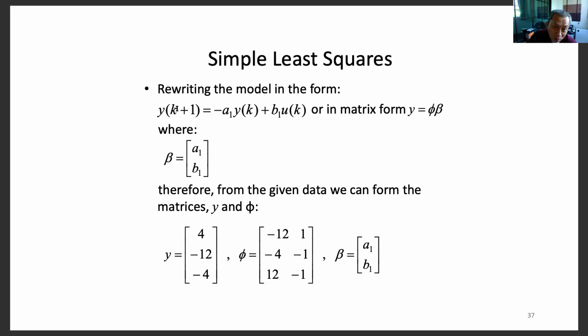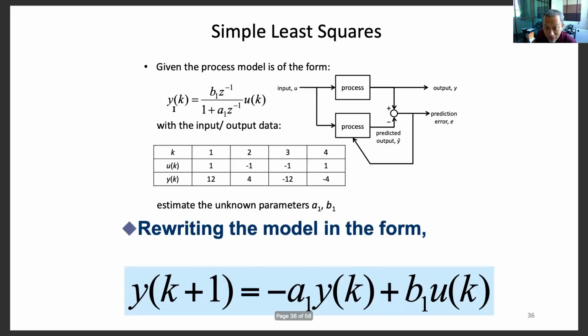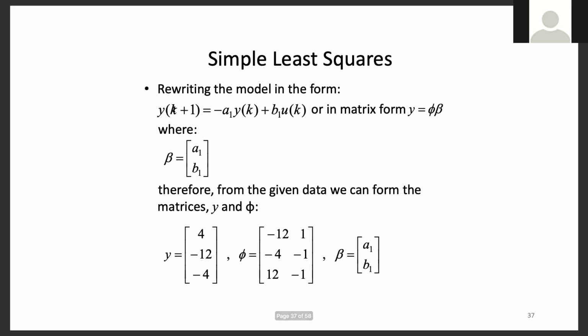When k is equal to 3, y4. And when k is equal to 4, y5, but y5 is not available in the data. It depends on the data, so you must be careful.